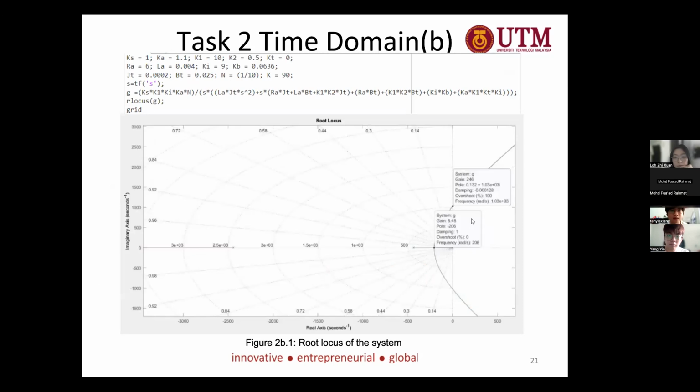So next, after we get the values, we run a simulation using MATLAB. From the plot, we can observe that the values are accurate, which are negative 246 and negative 1030.